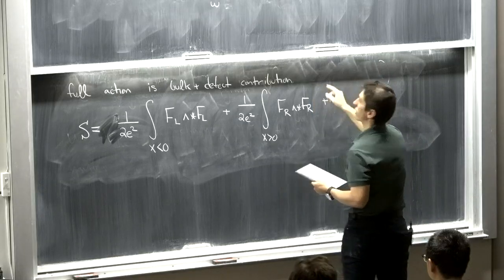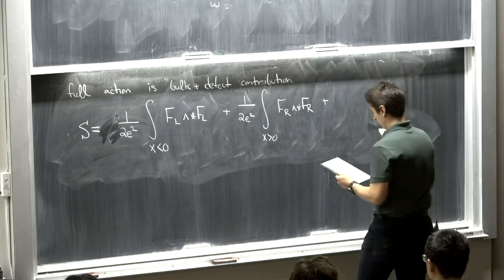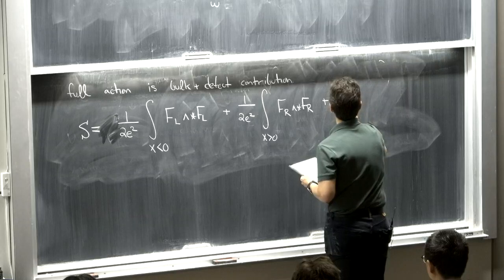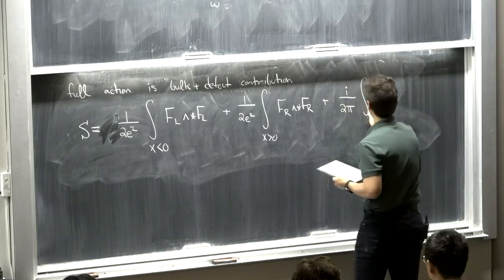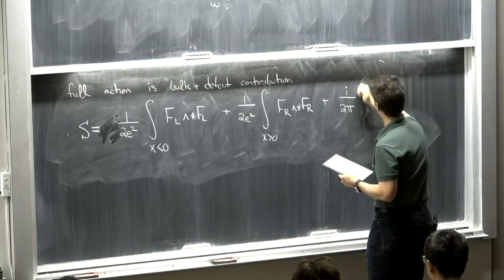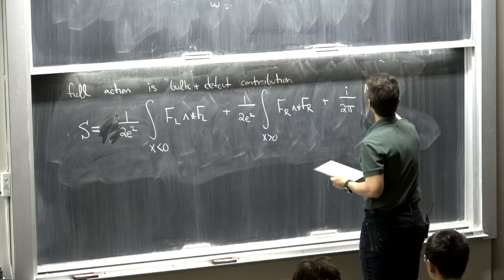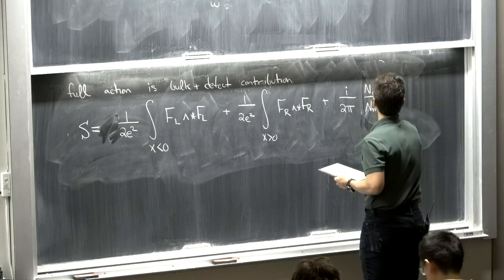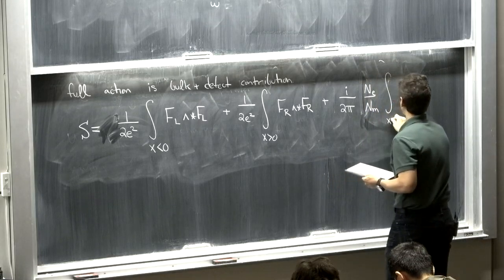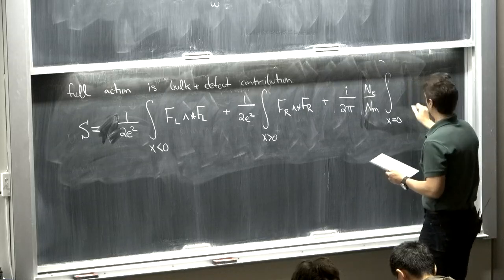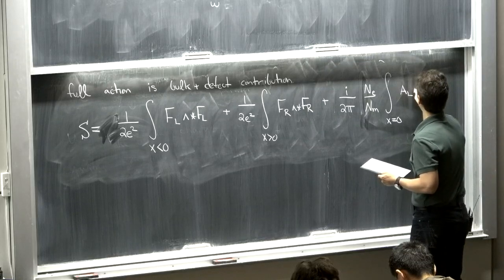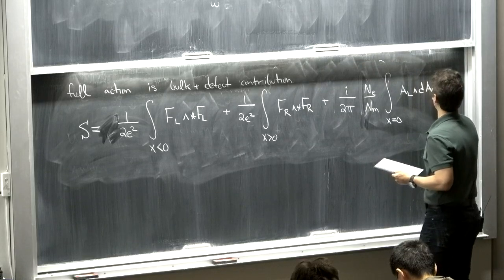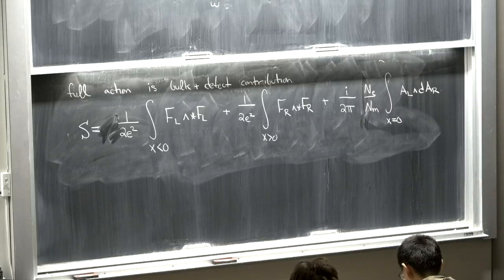And then we have this defect bit. I over 2 pi, N_E over N_M integral over only x equals 0 of A left wedge dA right. So that's the full action in the presence of this defect.